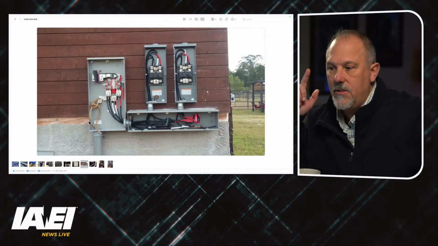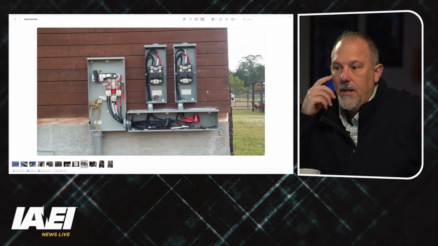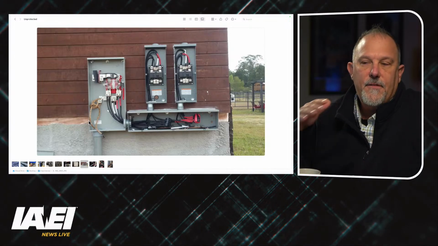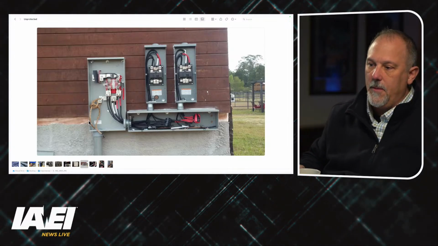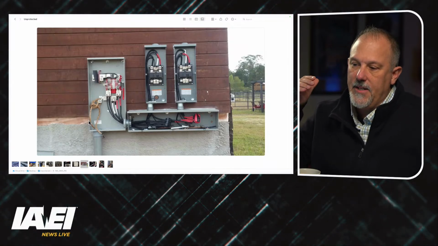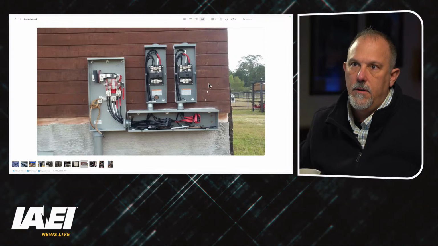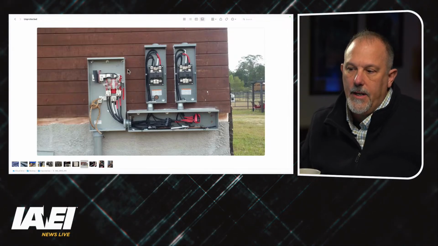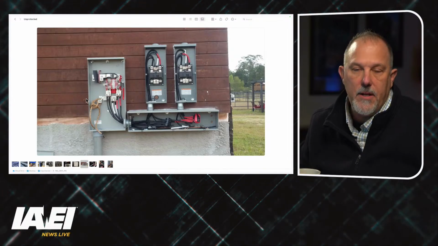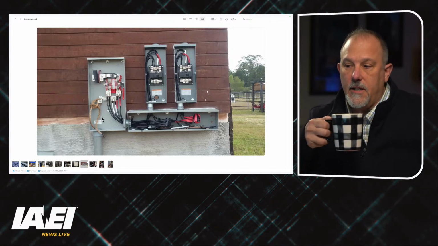One of the most obvious locations for unprotected conductors is right here. I've got a service type of equipment where I'm coming from a utility and I'm coming directly in, and right in this area is where my meter socket would typically be. The conductors that come in here are unprotected conductors from the utility.